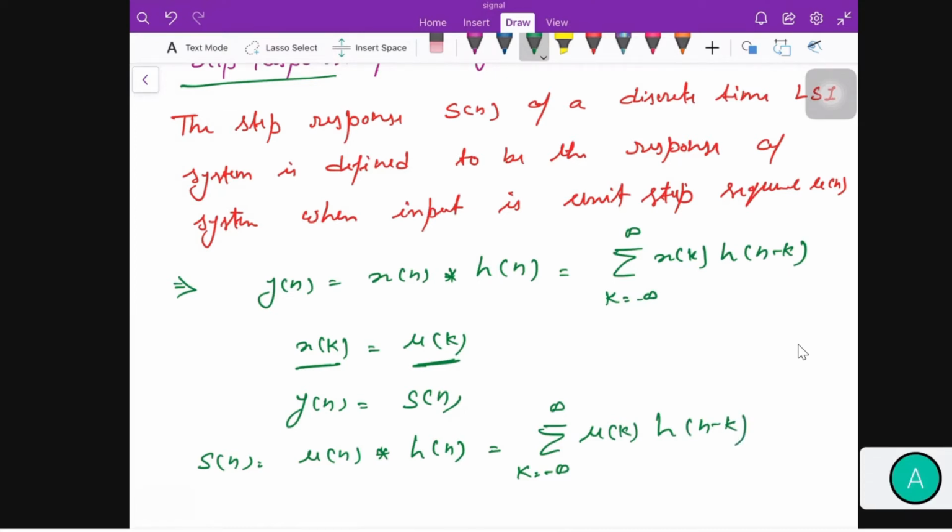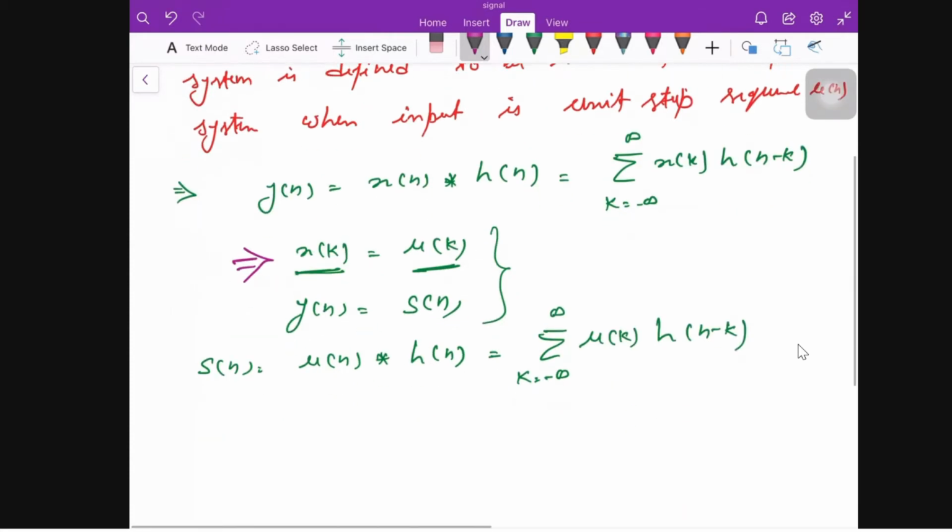So this is what you have to understand. We are giving the input xk equal to uk, and our output response yn will be the step response, represented by Sn.